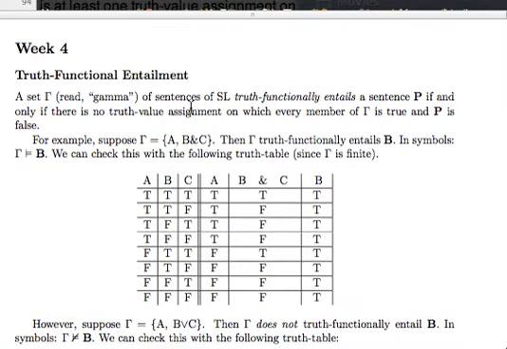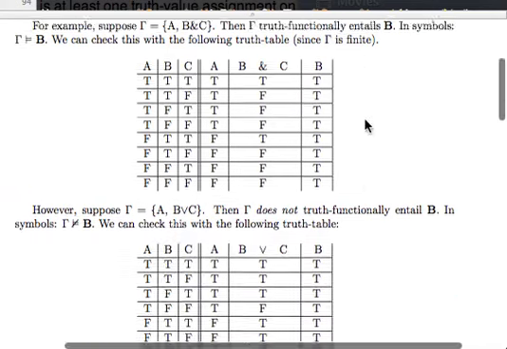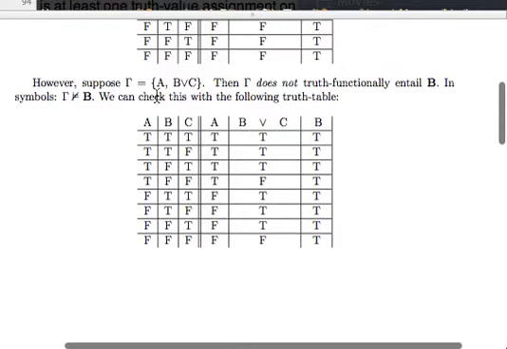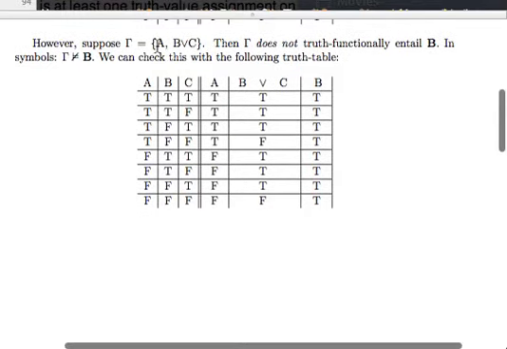Namely, if there's a truth value assignment on which every member of the set is true, but B ends up being false. So your conclusion is not truth functionally entailed by the set gamma. So here we're going to let gamma equal the set of sentences that include A and the sentence B or C.